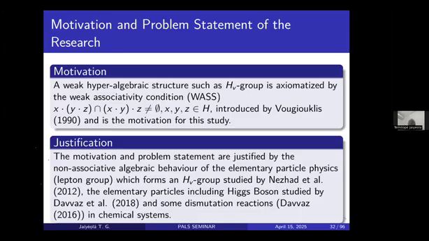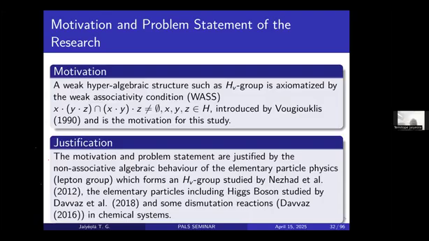The motivation for this study is the weak associative condition, the WAS. That is, the right-hand side and the left-hand side of the associative law, even if not equal for all elements, are not necessarily disjoint.